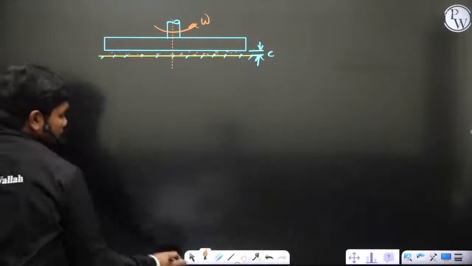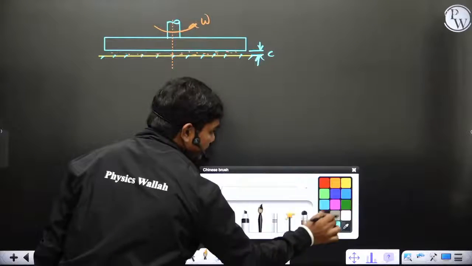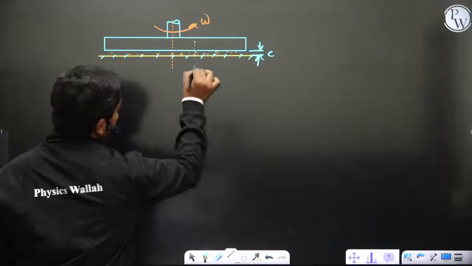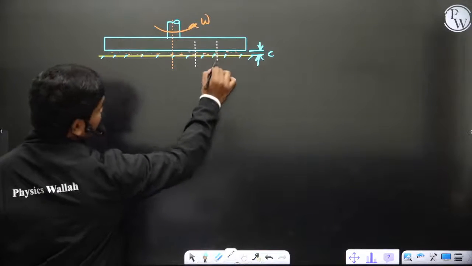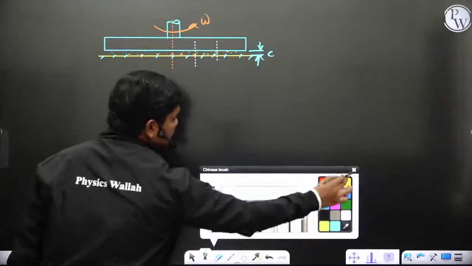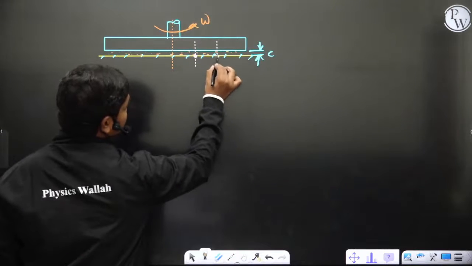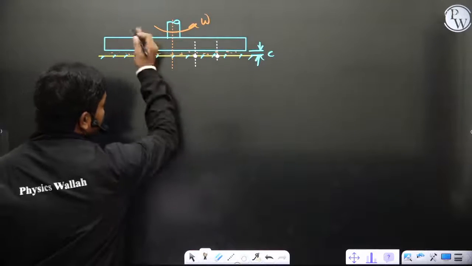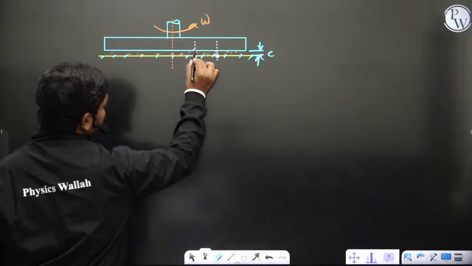Practically, try to understand: whenever you take two sections, at this location and at this location, the velocity is 0 at the fixed surface, correct? At these two locations C is the same, but when this disk is rotating, is the velocity the same at this point and at this point?